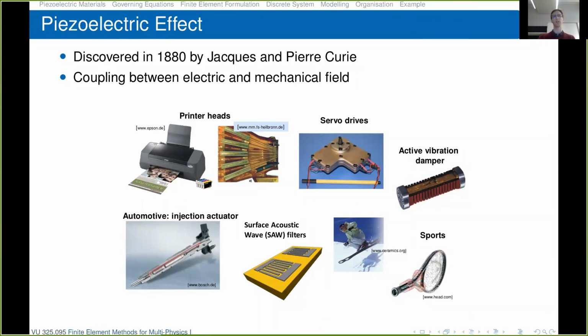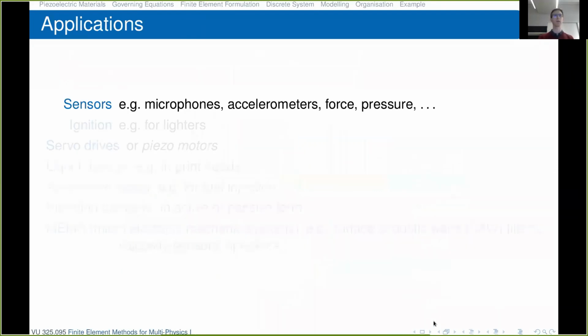It's frequently used in so-called micro electromechanical systems, MEMS devices like surface acoustic wave filters. You see a picture here. And it can also be used in sports equipment, usually as passive vibration dampers. So here again, a list that's of course not exhaustive.